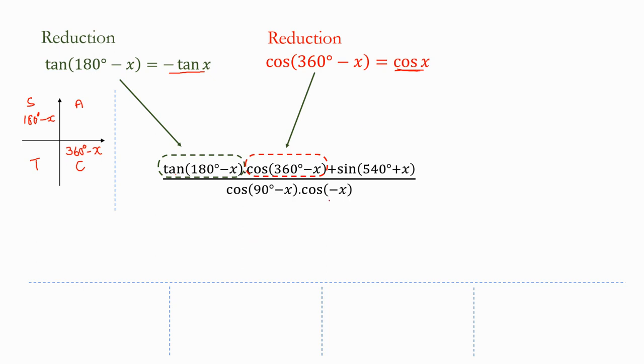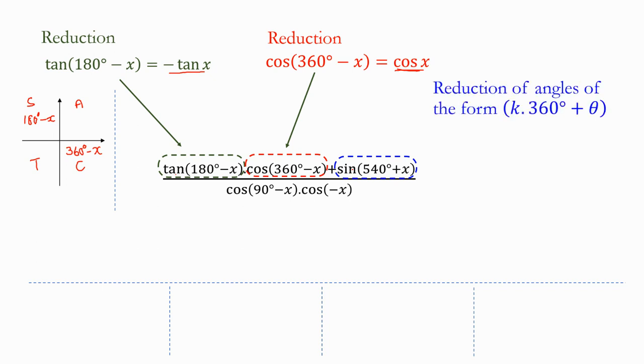Okay. And then we go to this type of angle. What we have there is sine(540 degrees plus x). So again, it's reduction, but we're looking at angles of the form k times 360 plus theta.